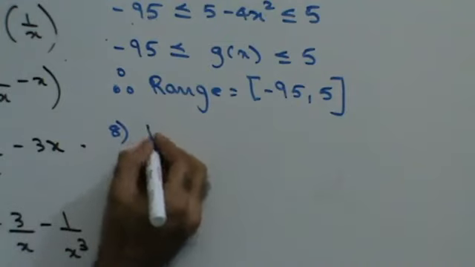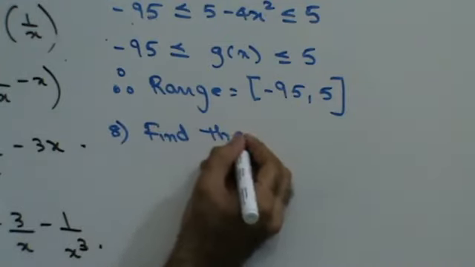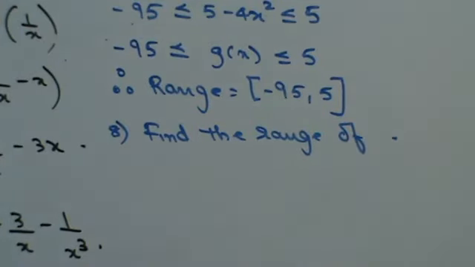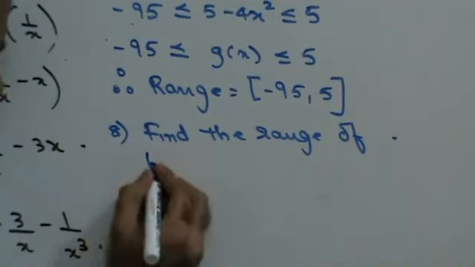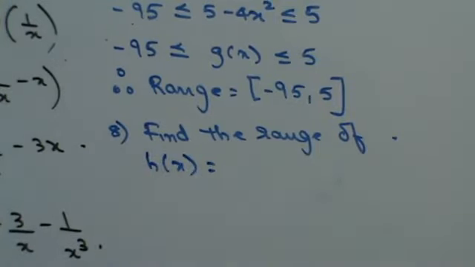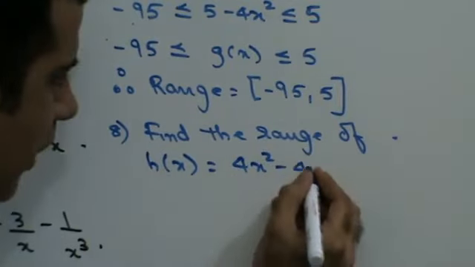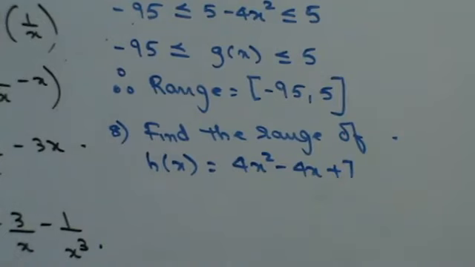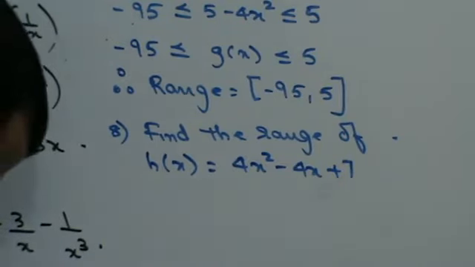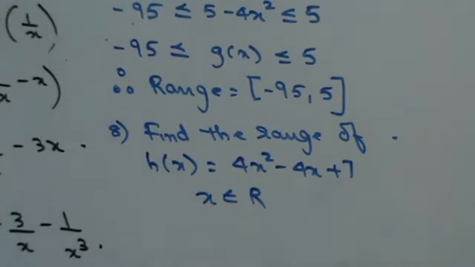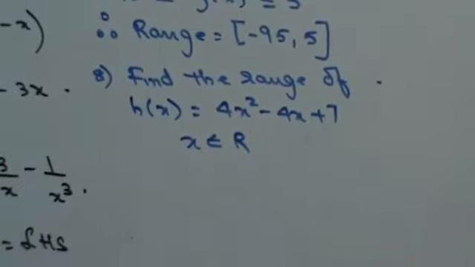Let's see another sum. Let's find the range of, say, h of x, which is 4x square minus 4x plus 7 when x belongs to a real number. Now here, guys, they haven't given you the limits of x. They haven't given you the lower and the upper limit of x.